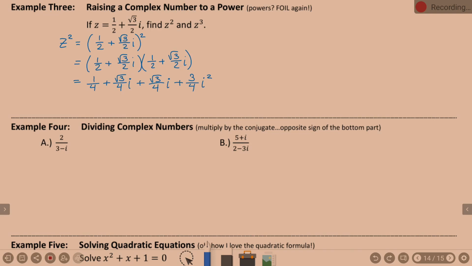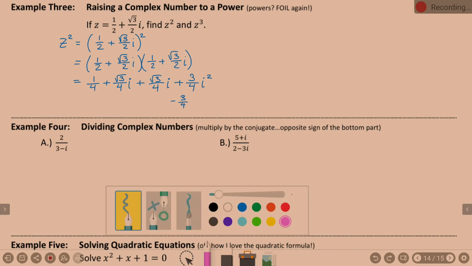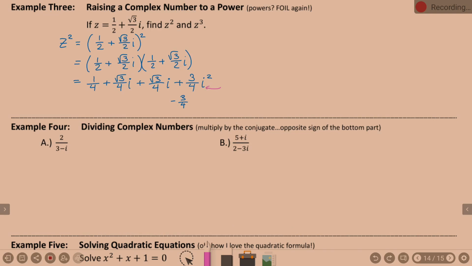Since i squared is -1, this is going to become minus 3/4. I'm going to wait till the next step, but here in a moment, we'll clean up the 1/4 and the -3/4, yes? Yes. Now, let's talk about these middle terms.